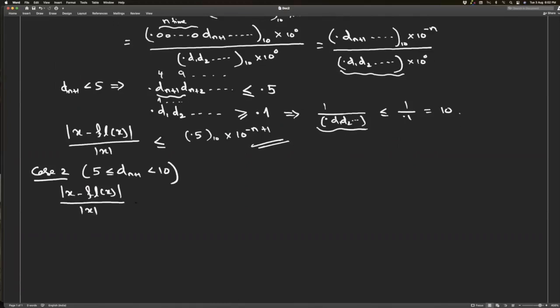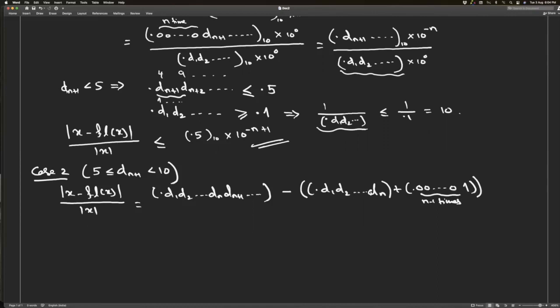That is going to be 0.d1 d2 ... dn d(n+1) and so on. That is my x minus fl(x) is going to be 0.d1 d2 ... dn plus 0.00 up to n minus 1 zeros.